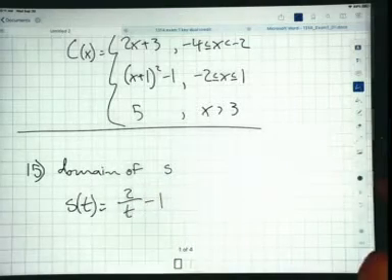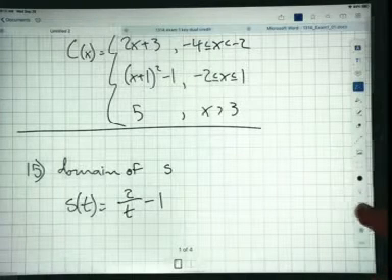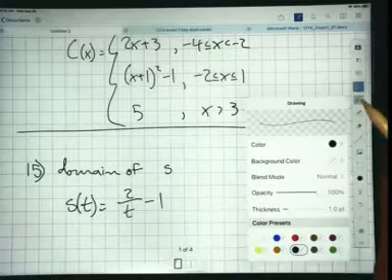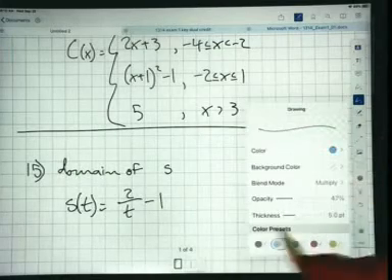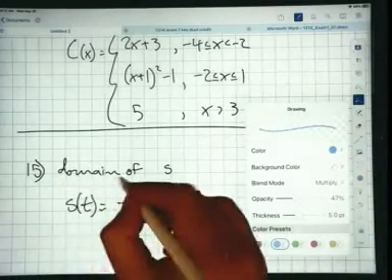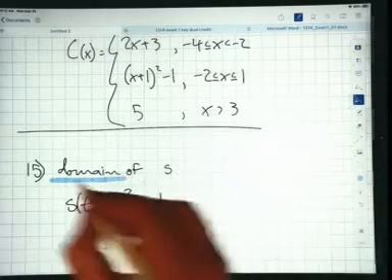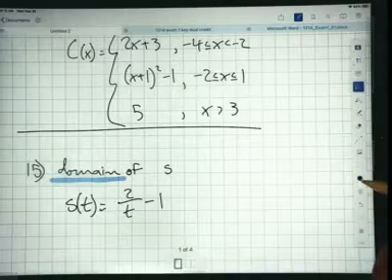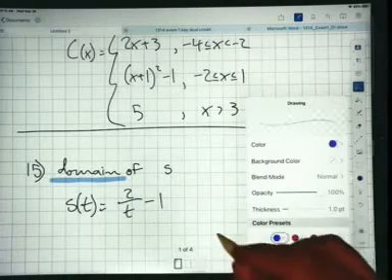Alright, so question. This word domain. What is domain? What does that mean? What are we talking about?